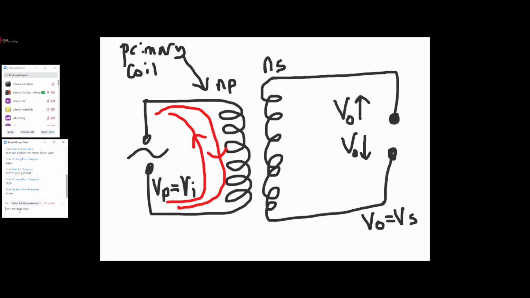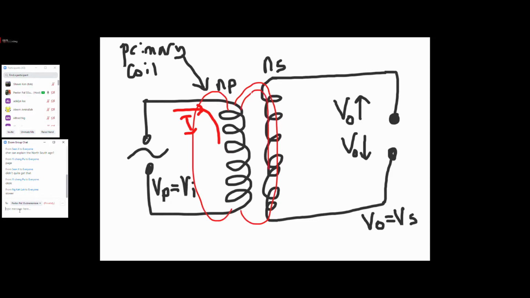As we learned earlier, when current flows in the primary coil, we realize that around the primary coil there will be an electromagnetic field because it's a solenoid.